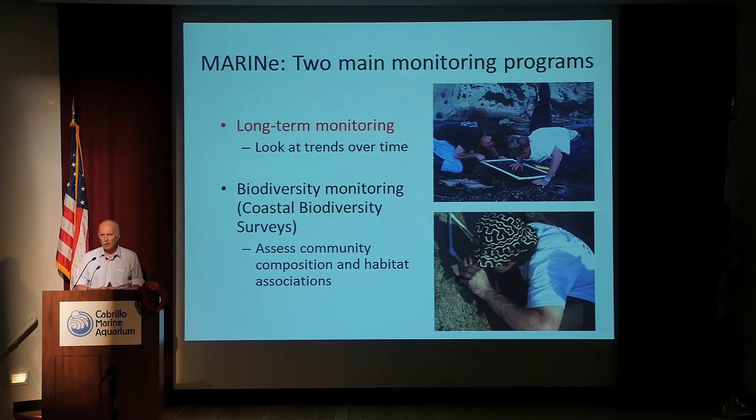Okay, so what do we do in MARINE? We do a lot more than just these 2 things, but we have 2 main activities. The first is long-term monitoring. I forgot to mention that as we grew the network along the mainland, we encompassed other groups, and one of them was the National Park Service, who about 10 years before had started a monitoring network in the Channel Islands National Park.